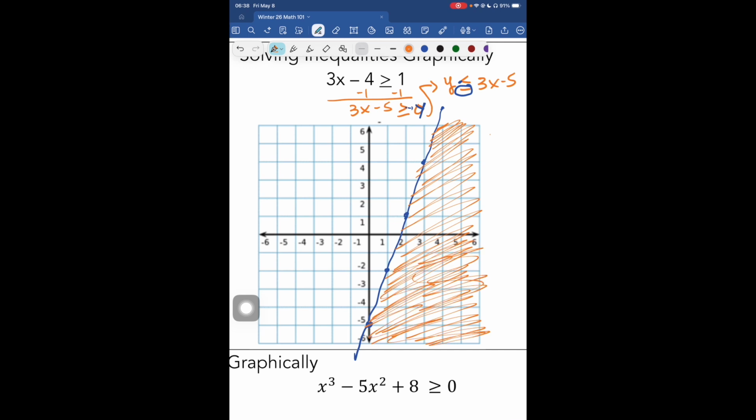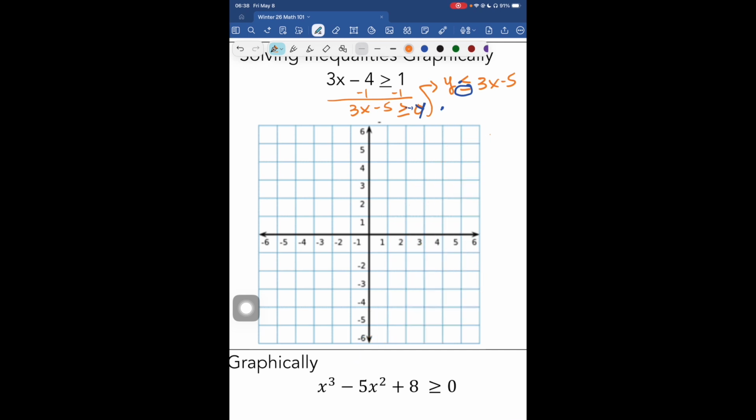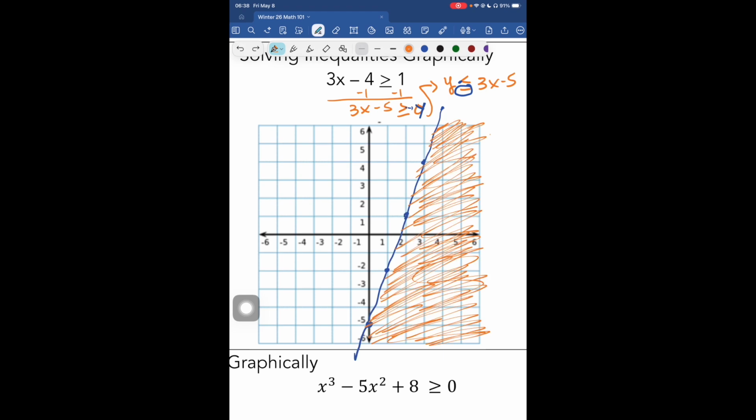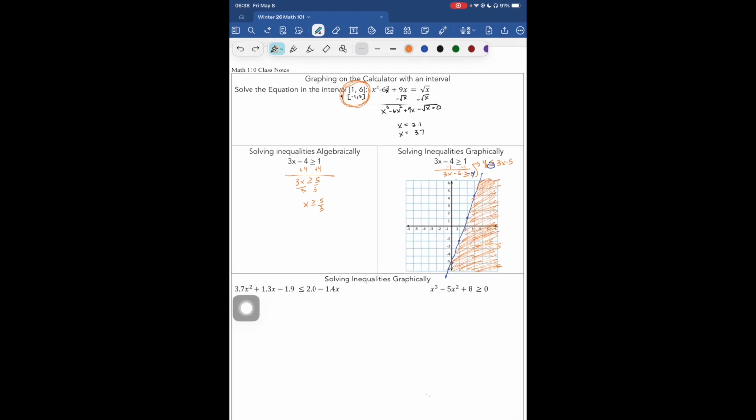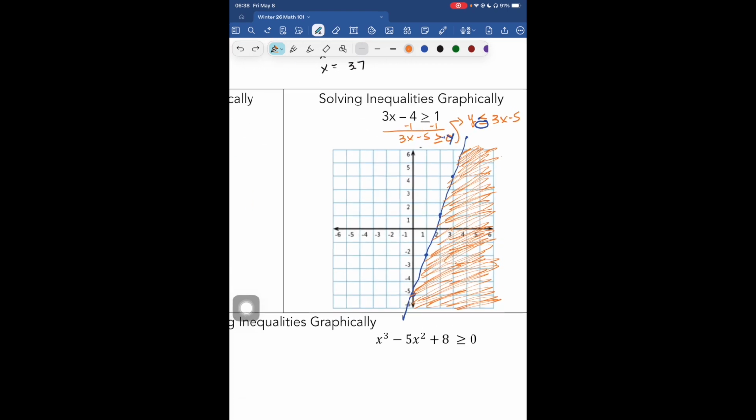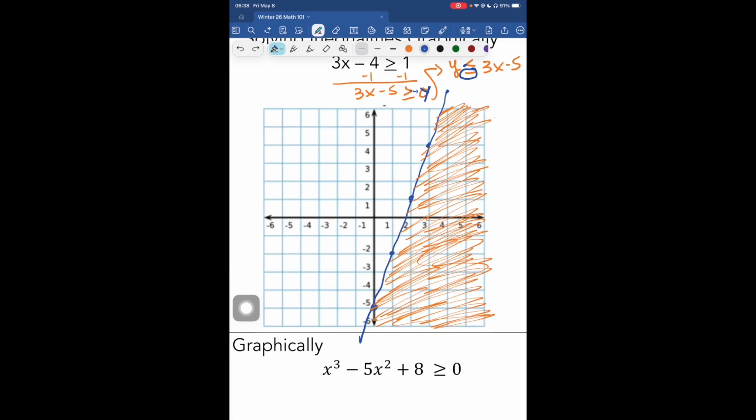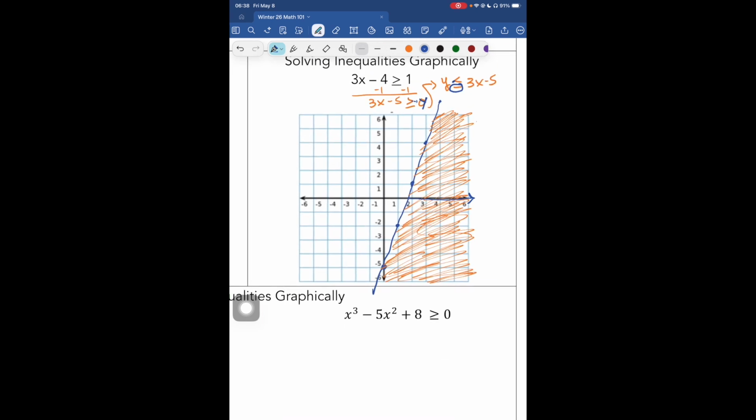And the way that we know that we're right is because x is greater than 5 over 3. And if we look at the number line, it has to be anything greater on this side. And so, again, we colored under because this is a positive slope. And if it's less than, we're going to go under the slope. If this happened to be greater than, then we would have colored on this side of the slope. But it's not. It was less than, so we went under.